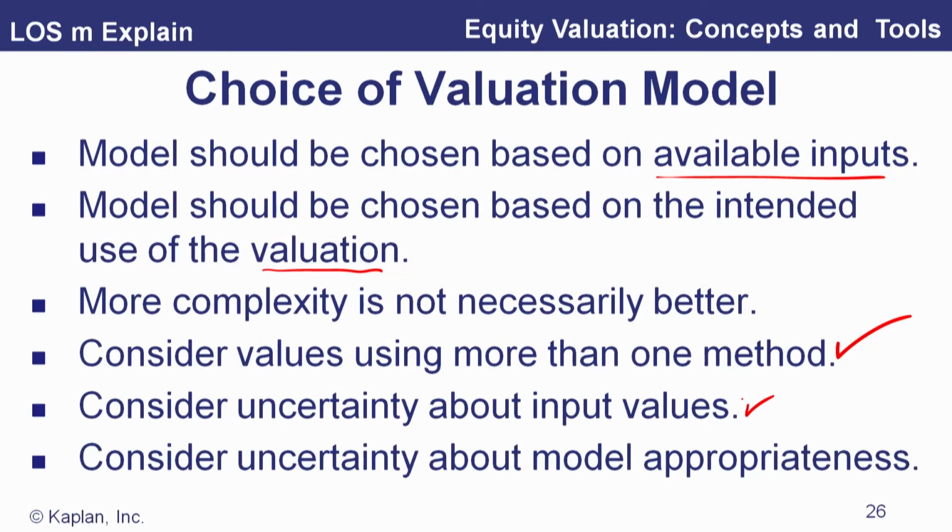Remember, we've talked in the past about having a range of values that you have some confidence in, rather than an actual point estimate, which you're pretty sure is going to be wrong one way or another. And consider the uncertainty about the model's appropriateness. That is, that the characteristics of the firm fit the model that you're using.